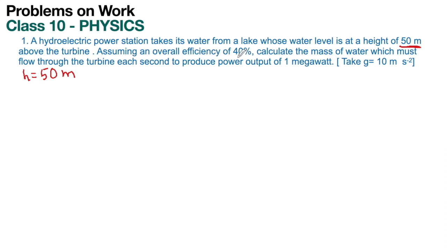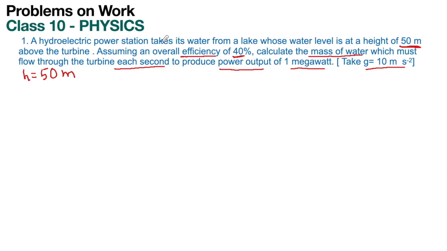Assuming the overall efficiency of 40%, so we have been given efficiency. Calculate the mass of water. So this is what we have to find. Mass of water which must flow through the turbine each second to produce a power output of 1 megawatt. Take G as 10 meter per second square.